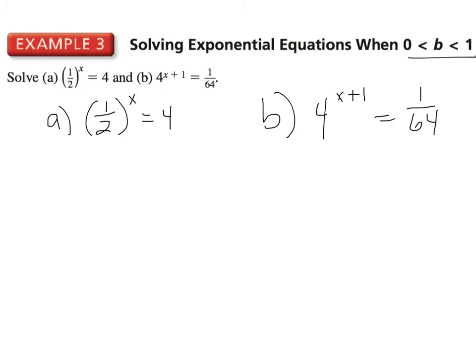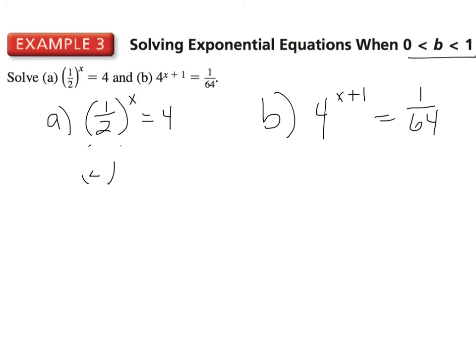Hopefully, since you're talking about fractions, you realize that you can write them as negative powers. So 2 to the negative 1 power, remember we take the inverse, becomes 1/2.